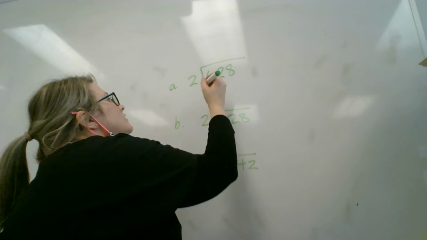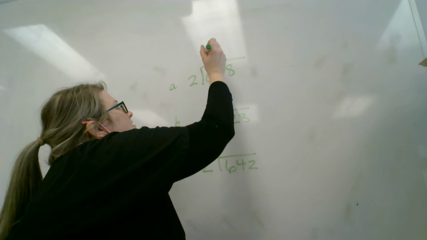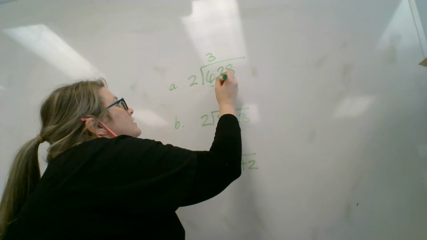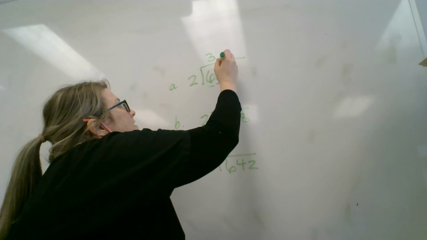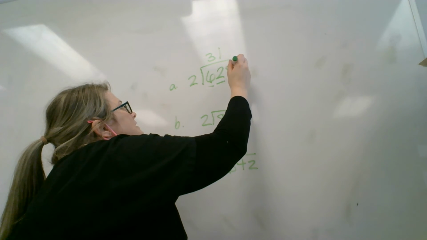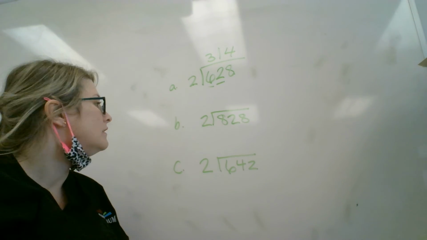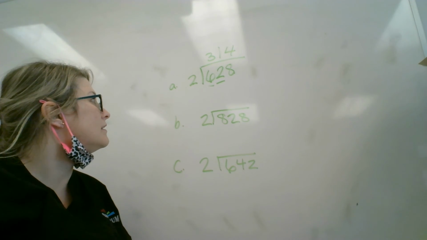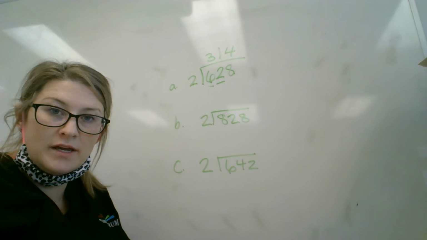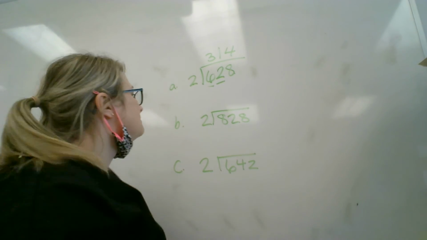So let's see. 2 goes into 6 how many times? 6 divided by 2 is 3. 2 goes into 2 how many times? Once. 2 goes into 8 how many times? 8 divided by 2 is 4. Okay? These are bigger than the division problems we've been working, but they're still pretty easy.